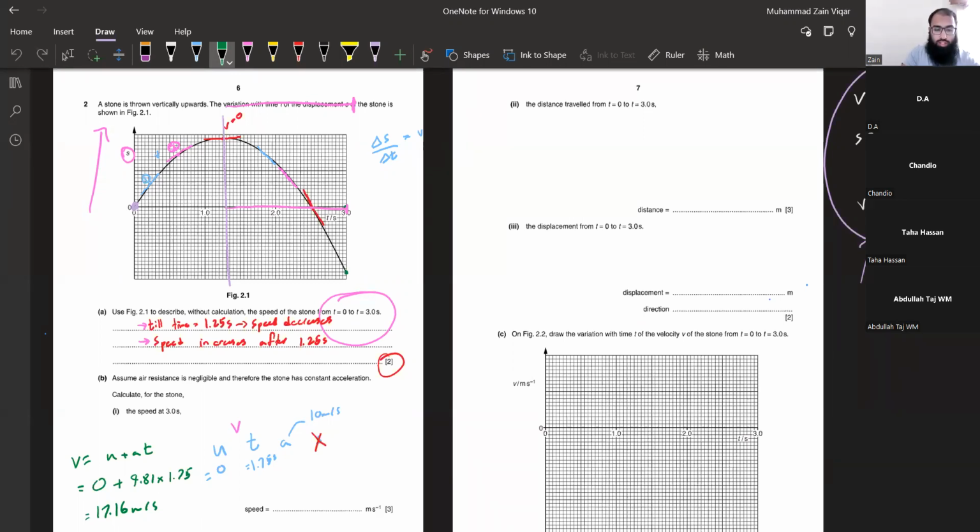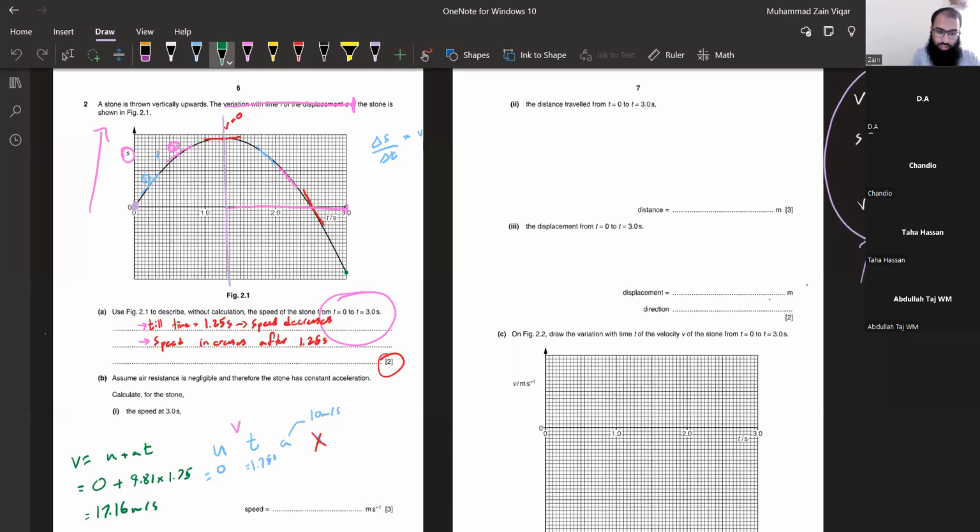I did travel a distance throughout my journey, but obviously the displacement was zero. When you move in a direction and then move back, the displacement cancels and becomes zero, but the distance will still be there.